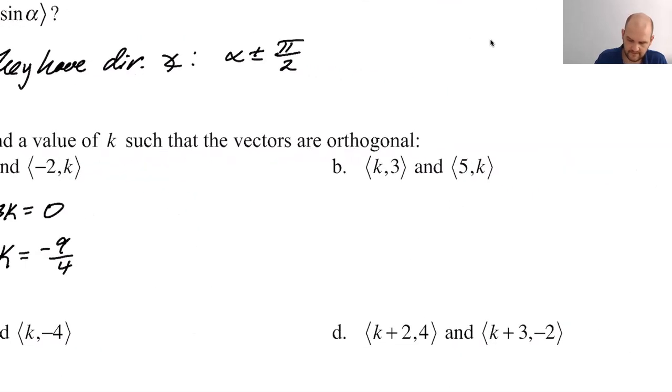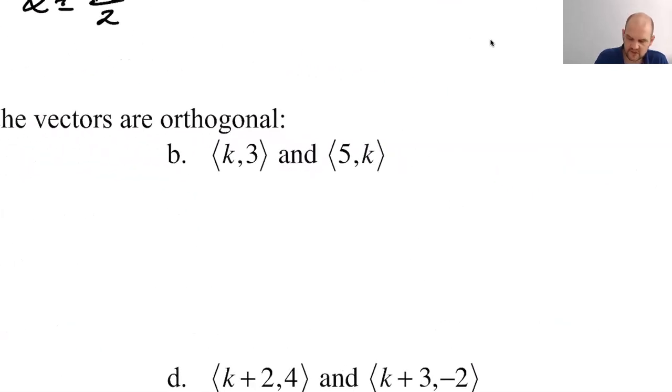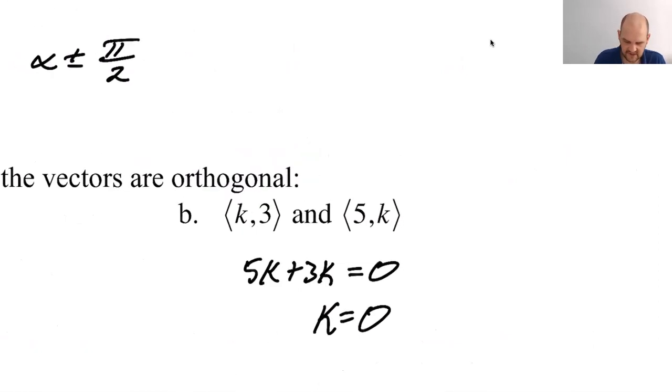So this one you can kind of look at and see the answer, but you don't need to. I mean, the dot product is this, and we need it to equal 0. The only way that's going to happen is if k is equal to 0, which sort of made sense. Does it make sense?